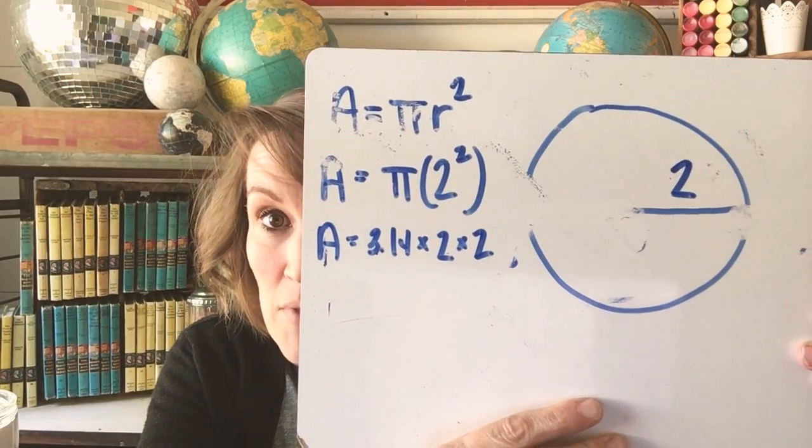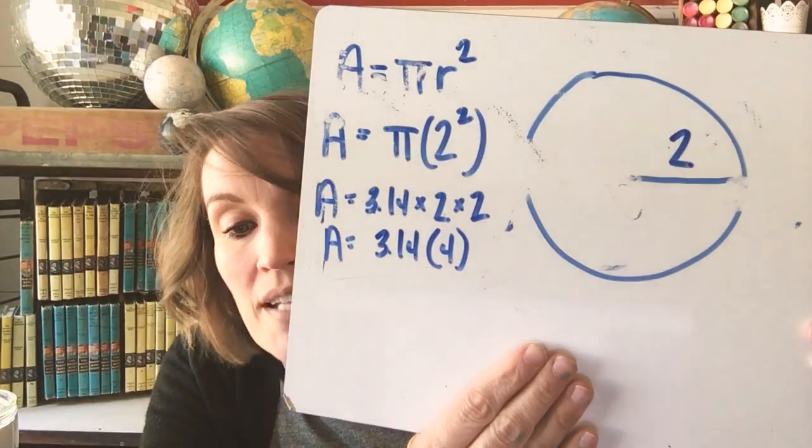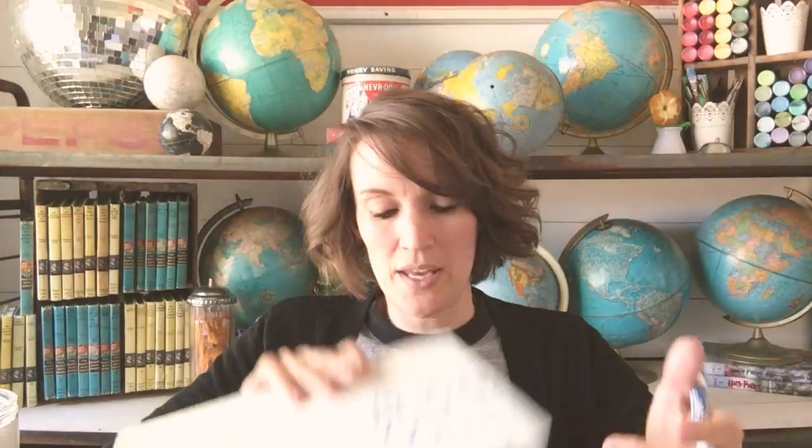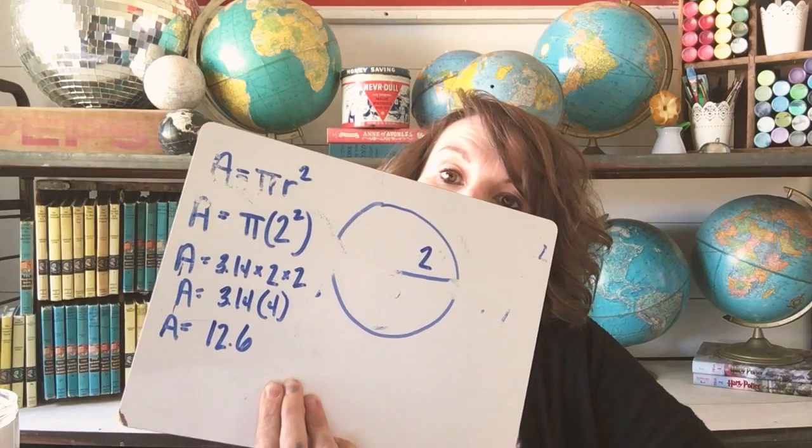Or, let's shorten that. We can say 2 times 2, 3.14 times 4. And it ends up being, final answer, 12.6. Area is equal to 12.6.